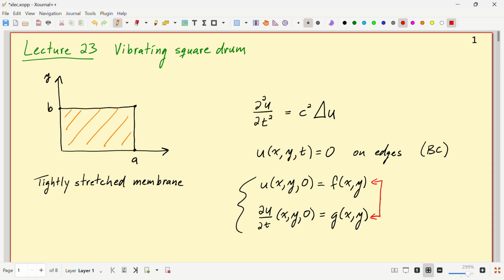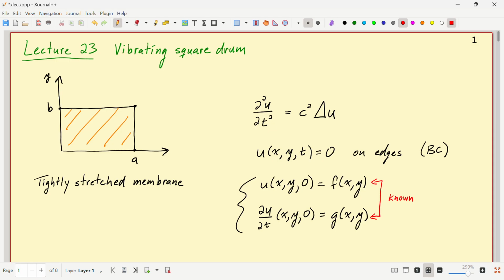Anyway, the initial shape of the drum is a function given. These would be known and given. And if we were to whack it with a stick, we not only would give it an initial displacement, we maybe would give it an initial velocity.